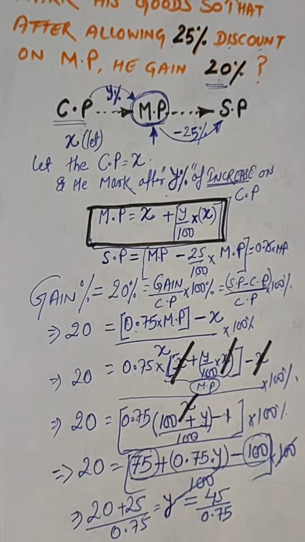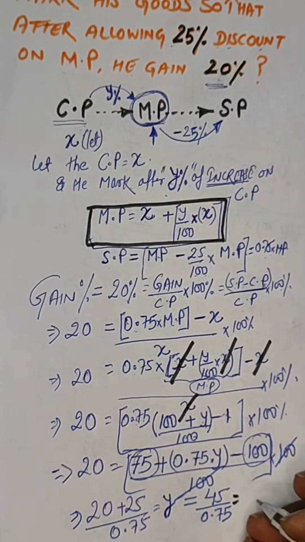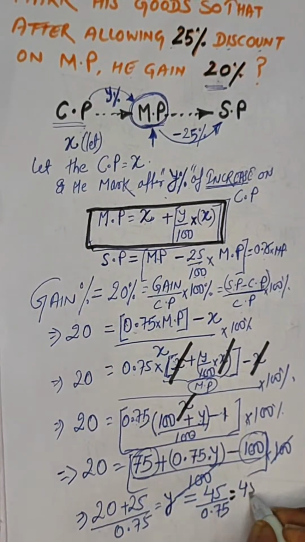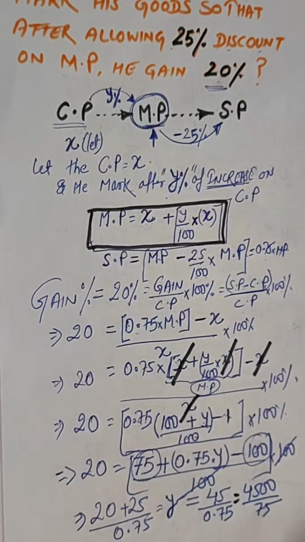When you remove this decimal, it becomes 4500 divided by 75, right?